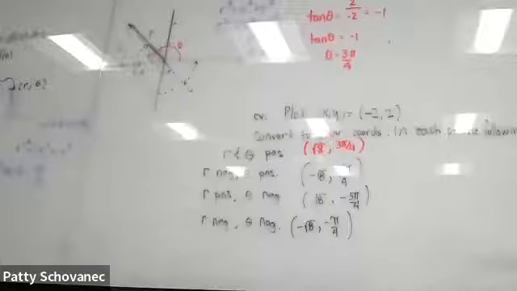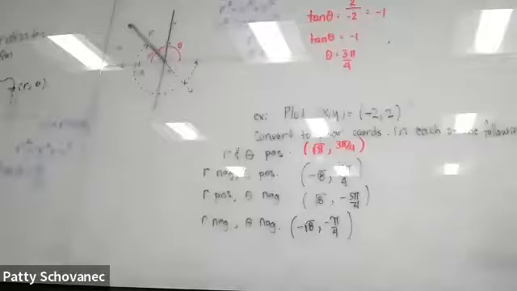Okay, I picked the easy one, where x is y, so that you would know that it was pi over 4. How about this point.